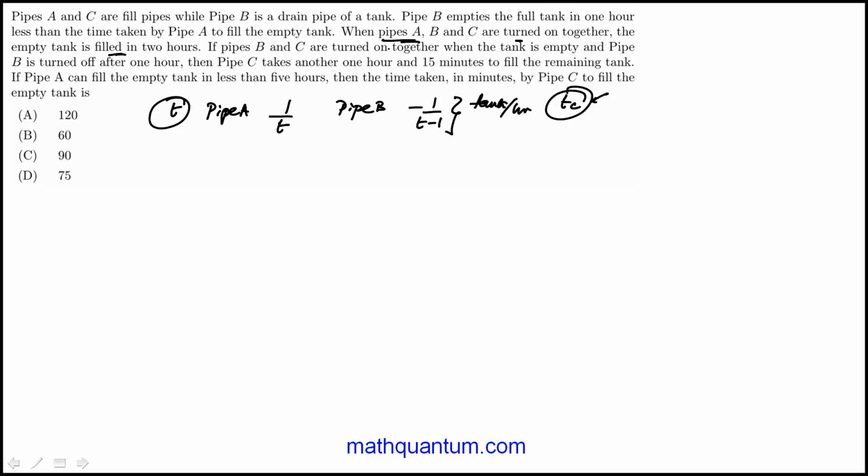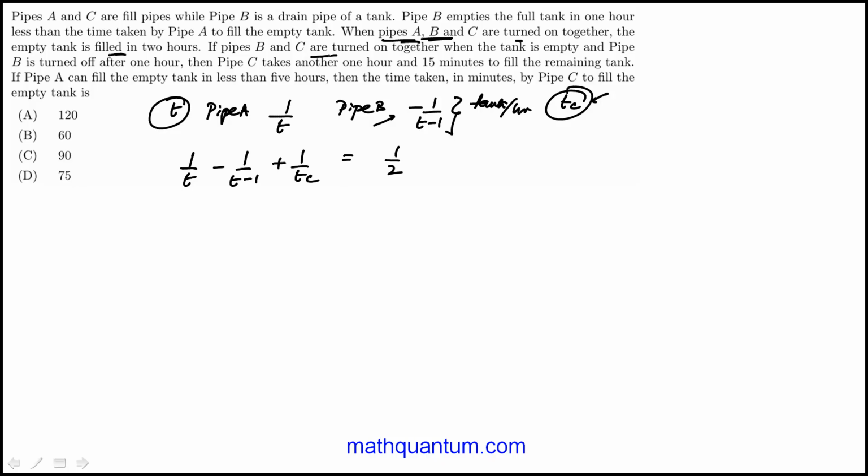So what this is really saying is that their combined rate is 1 over 2, because that's the time it takes for them to fill all of it. You just have to make sure that you're subtracting the rate of pipe B. So you just do 1 over t minus 1 over t minus 1 plus 1 over t sub c. So that's the translation of that first sentence.